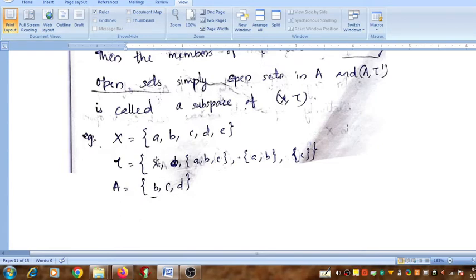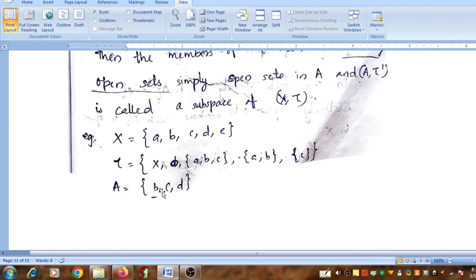So first, the first element is X, and we take the intersection of X with the set A. Then what are we going to get? We are going to get the set b, c, d. Why? Because X is the entire set and A is a subset of X, so you get A as the intersection.